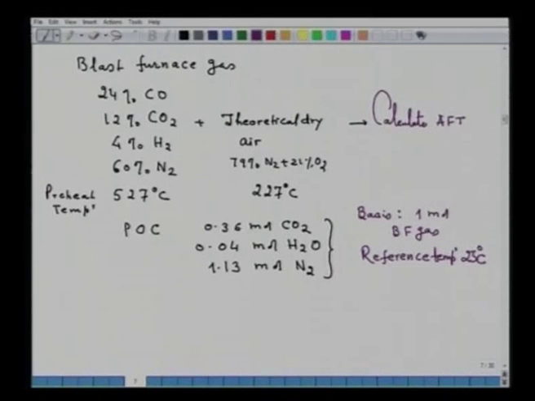So, first of all, I have to calculate the sensible heat in blast furnace gas. Now, before that, I just write down the heat balance.